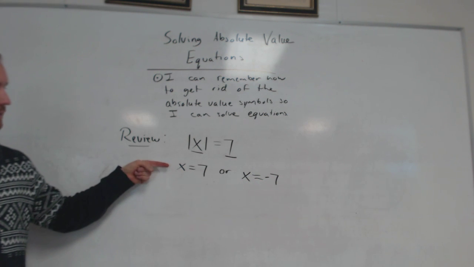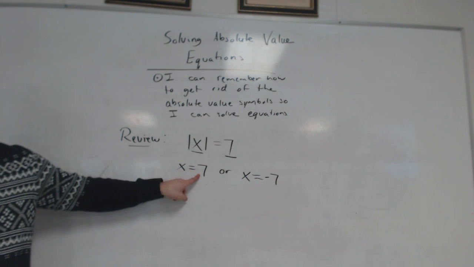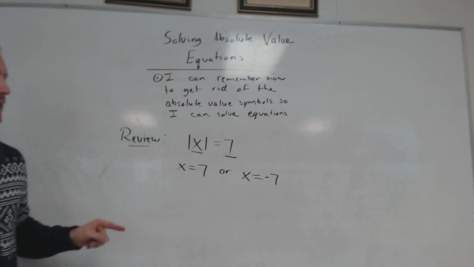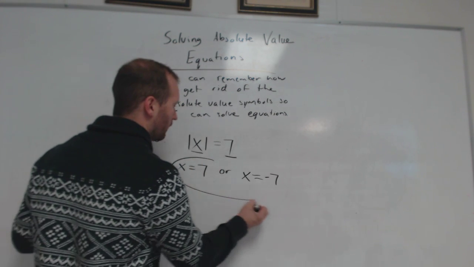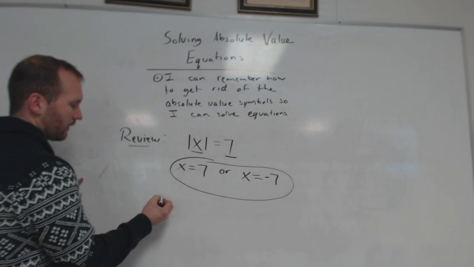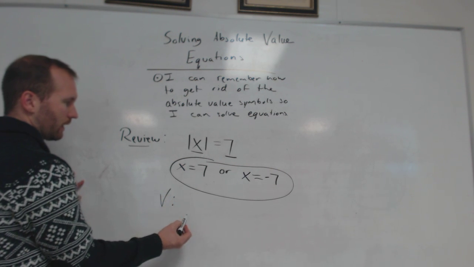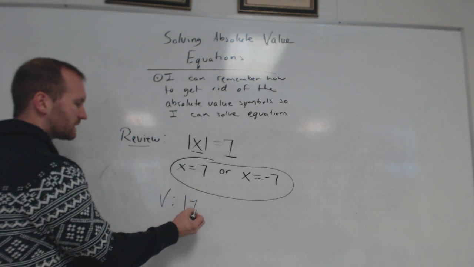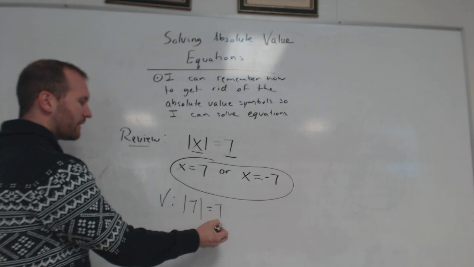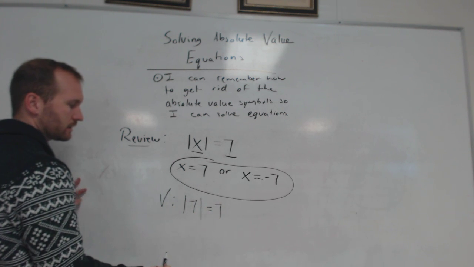x equals the other side of the equation, negative 7. We didn't talk about this yesterday, but I could plug this in to prove that it's true. So my answer is x equals 7 or x equals negative 7. If I want to check it, I would say the absolute value of 7, that is 7. Yay, that checks.